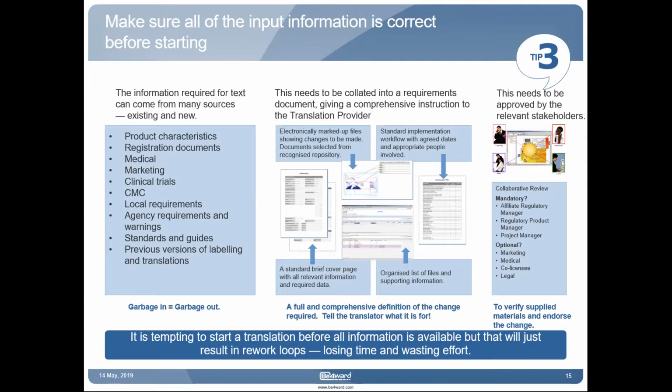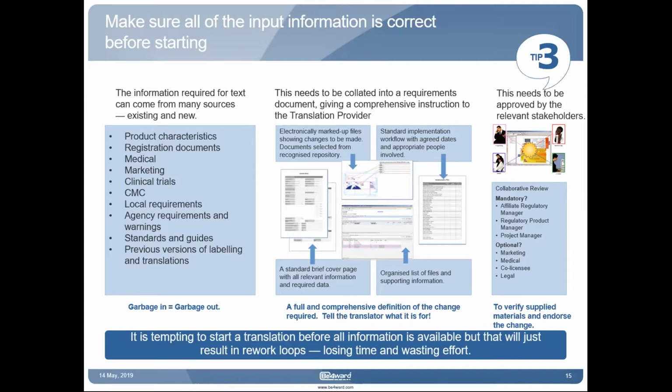Or that's not actually what I wanted. Or, oh, if you're making that change, could we add this change to it as well? Get people to approve what you're sending to the translation provider before you send it, to make sure that you're sending a single comprehensive brief that's correct and has all of the change defined within it.